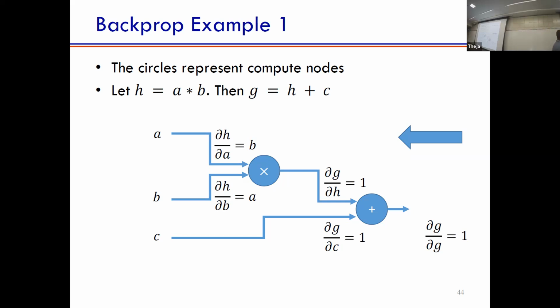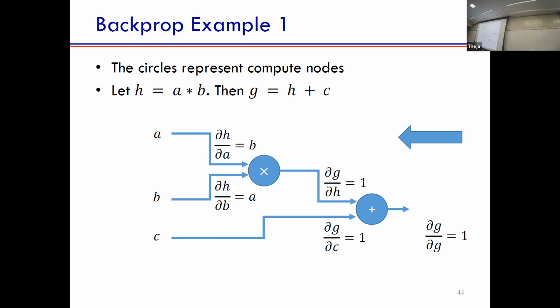For multiplication, it turns out that the partial derivative of H with respect to one of its inputs is just the other input. So here you can see that the partial derivative depends on the current value of the other input, which is an interesting note. Now for the multiplication node, we know what the local derivatives are, as in how much its output varies with its inputs.